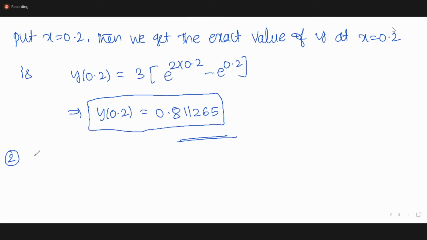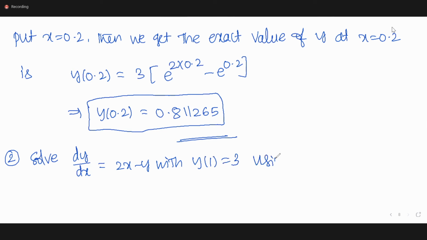Solve dy by dx is equal to 2x minus y with y of 1 is equal to 3 using Picard's method.